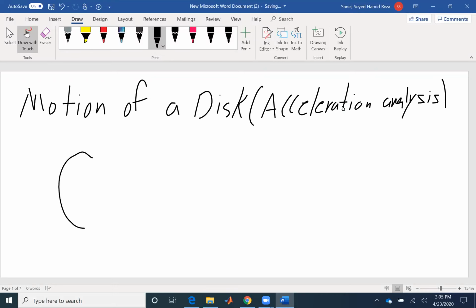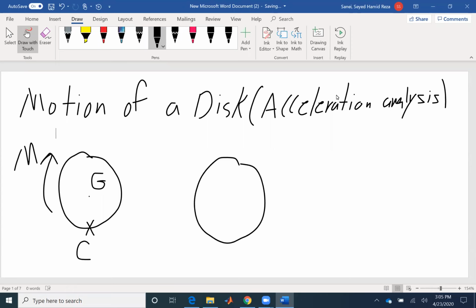So let's think of, we have a disk. A moment is being applied to our disk. The center of gravity, I call it G, that would be the center of the disk, and the point of contact would be C. So if I draw the free body diagram, of course I have my moment M, I have the weight, mg, I have N, the normal force, it should be the same as mg, and then I have the friction force.